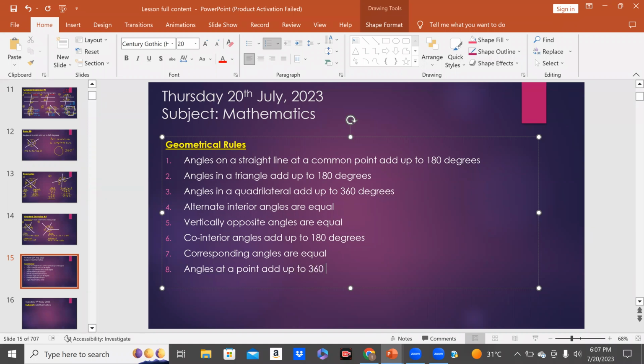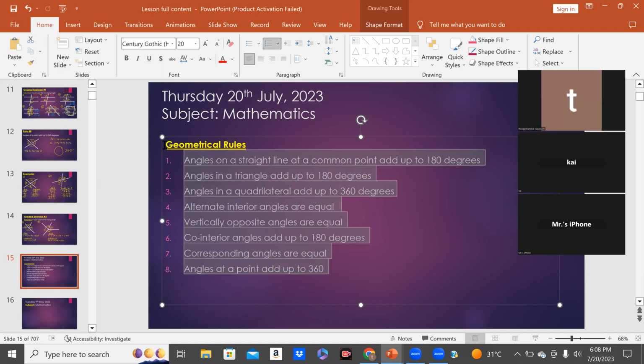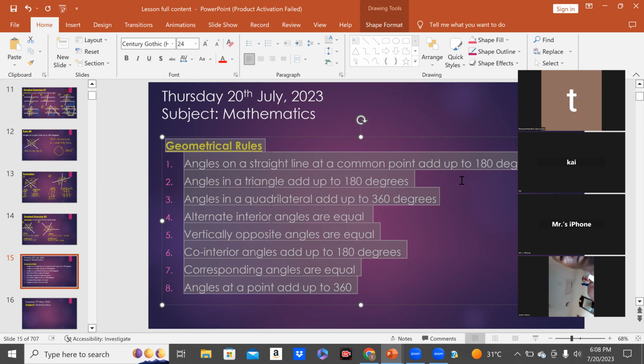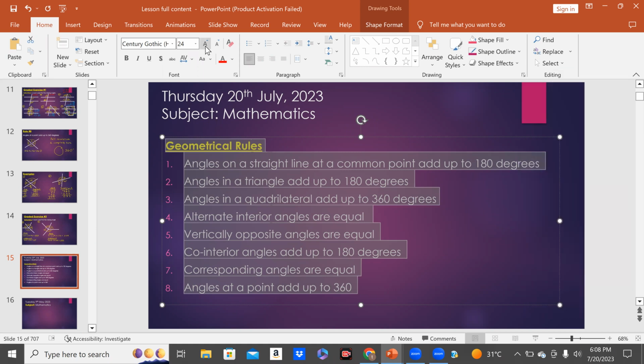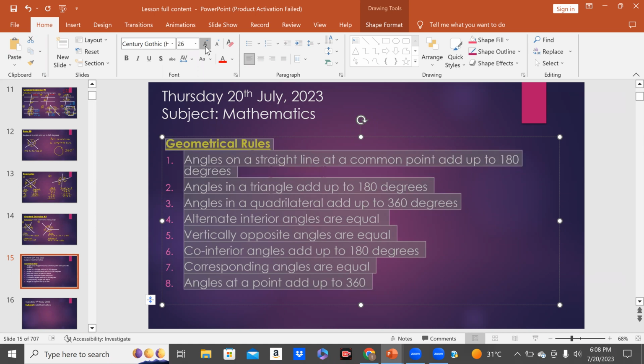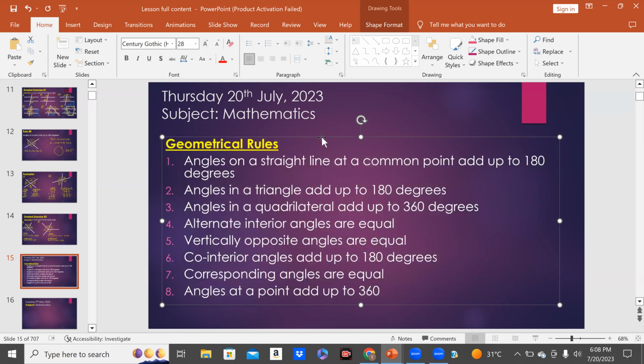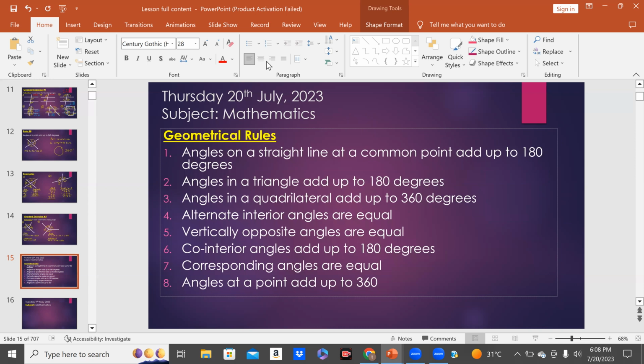Oh, there's one more rule that talks about the interior angles of a triangle adding up to one of the exterior angles. That is also a rule that is given sometimes, but that is not as relevant. So please copy down these 8 rules. Those are the 8 rules for the day. And those are our complete geometrical rules.